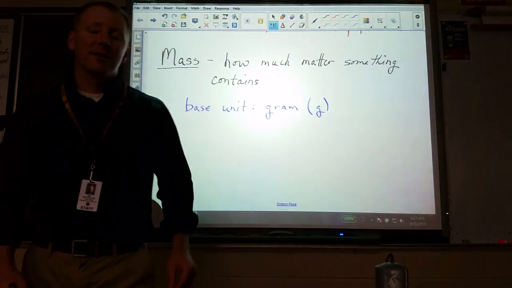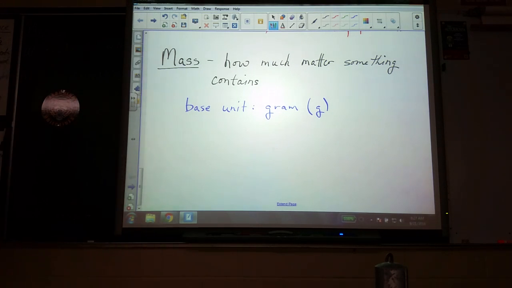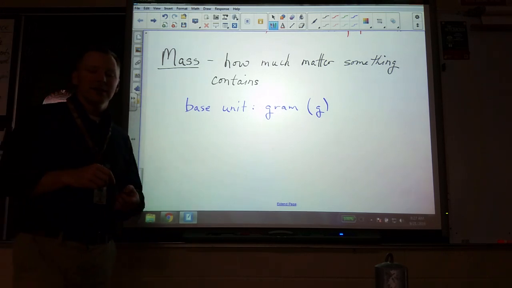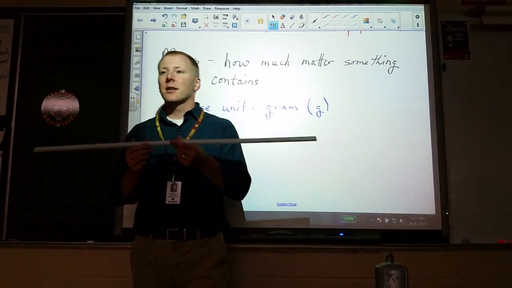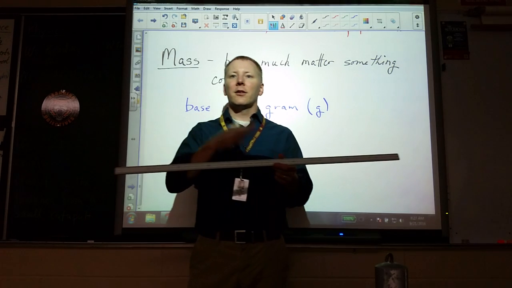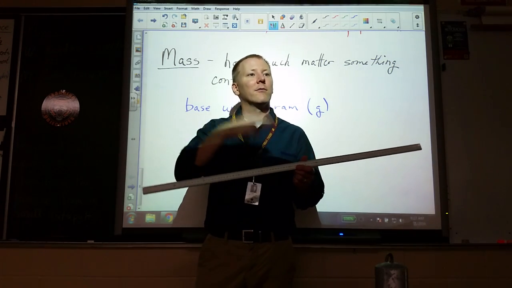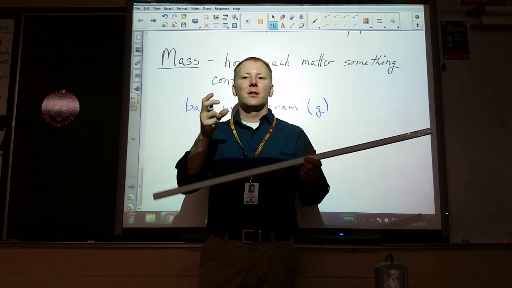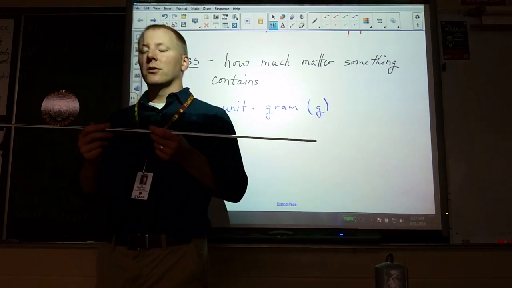A gram is defined through the metric system using a meter and the most common substance that everyone could relate to, water. They started with the meter and said, okay, let's use the meter to help us define other measurements, because then they're all interconnected, and we can convert. If it's this many grams, then I can figure out how big it is too.